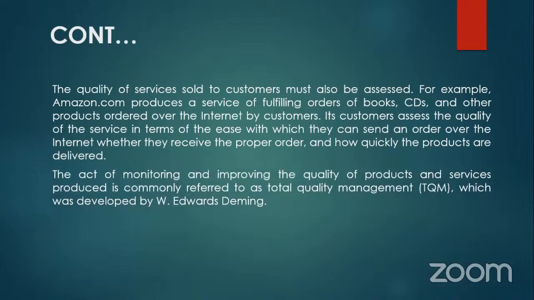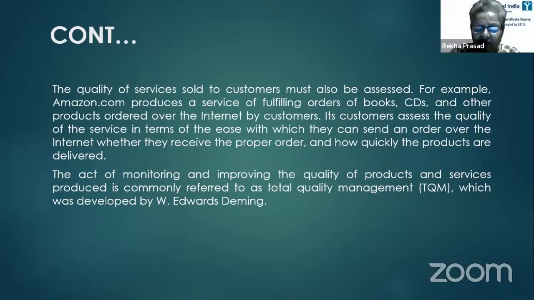The act of monitoring and improving the quality of product and service is commonly referred to as total quality management, TQM, which was developed by Edward Deming. Edward Deming, he was an American statistician, who helped Japan to improve their quality. In the 1950s, Japan was known for its low quality goods.